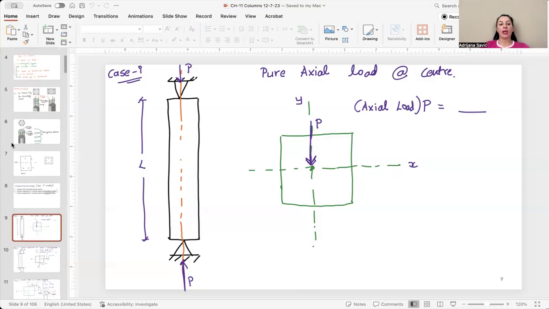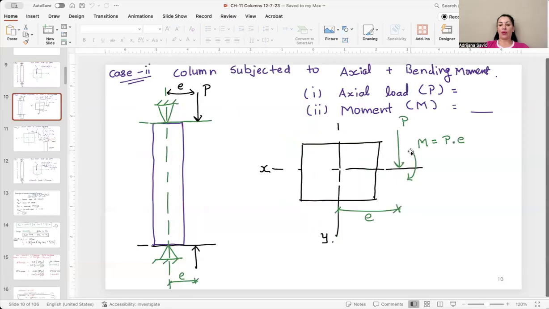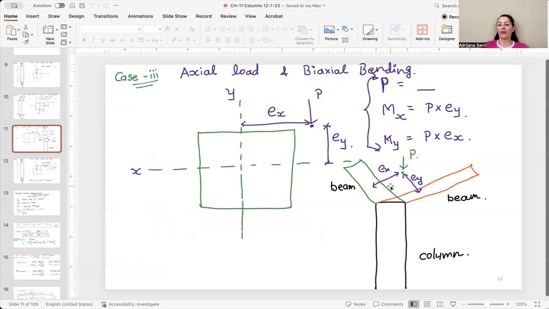In the second type, we have a force with some eccentricity from the center, which means we will have a moment, P times eccentricity, and the force also. In the third type, we have a force with two eccentricities, one in the x direction and the second in the y direction, which means we will have two moments, Mx and My, and also an axial load at the center.